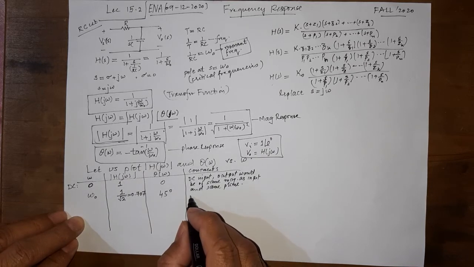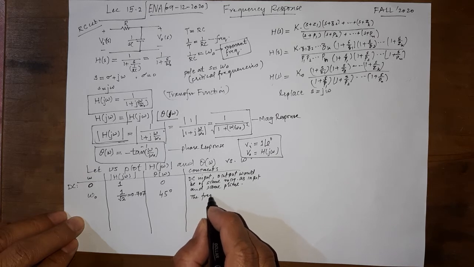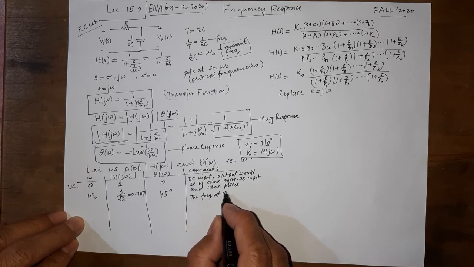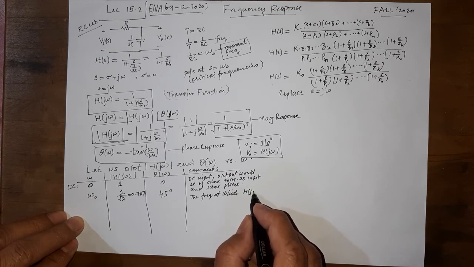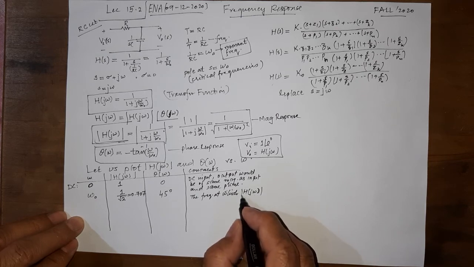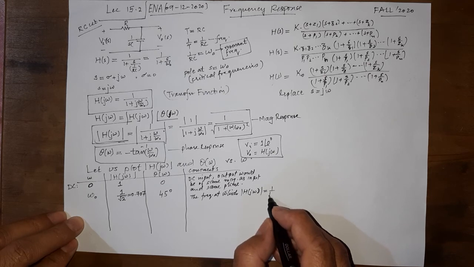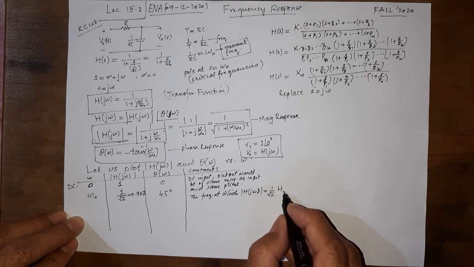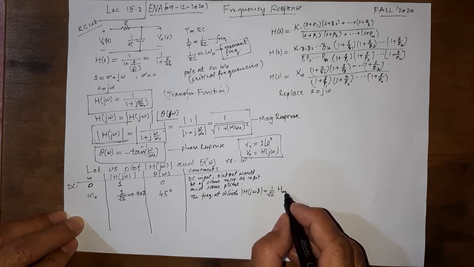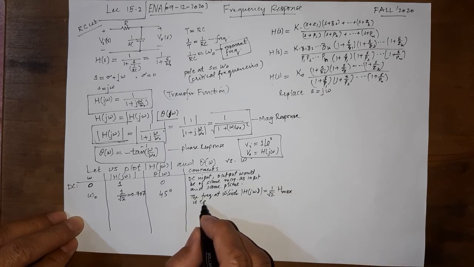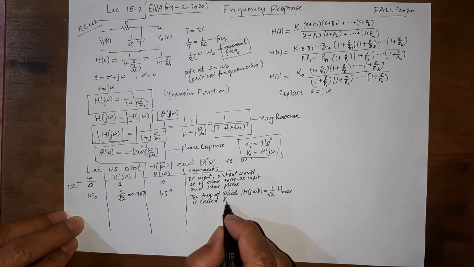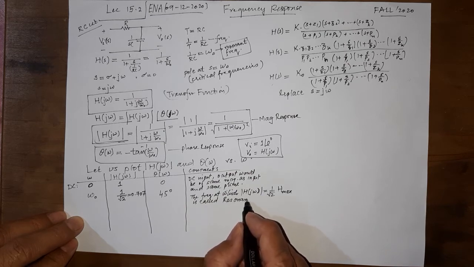The frequency at which the H of j omega magnitude is 1 by under root 2 times the H max is called the resonant frequency.